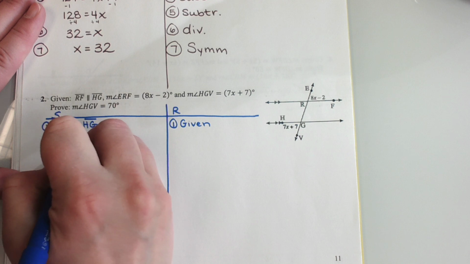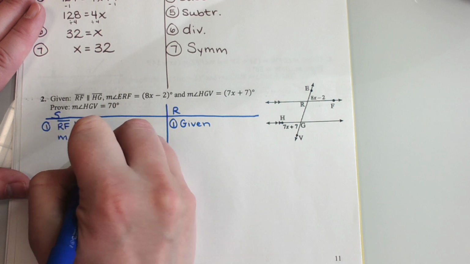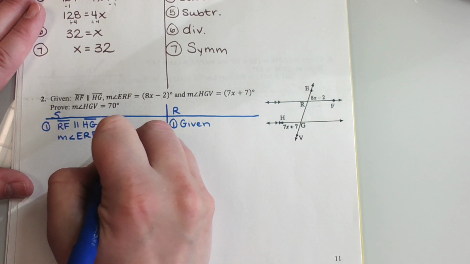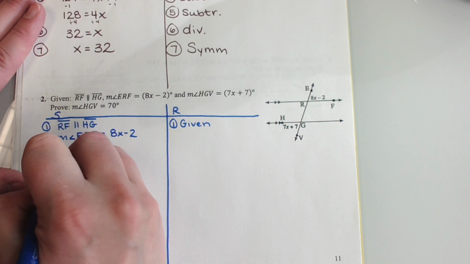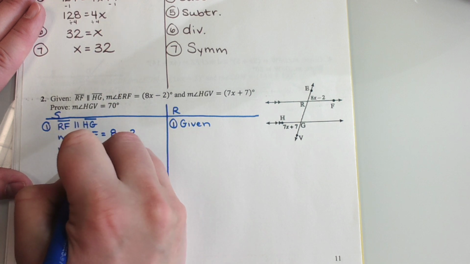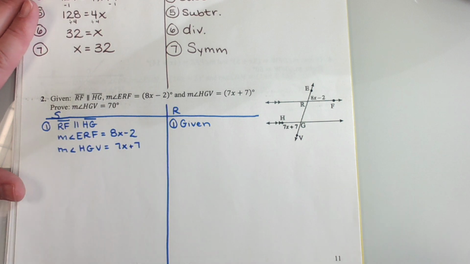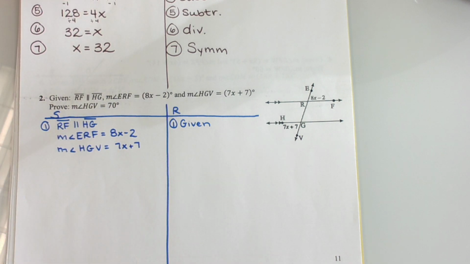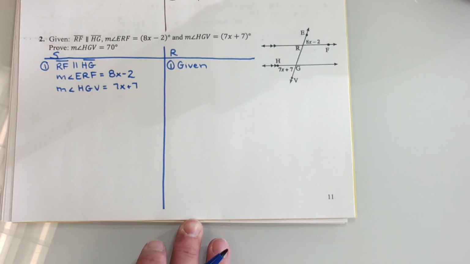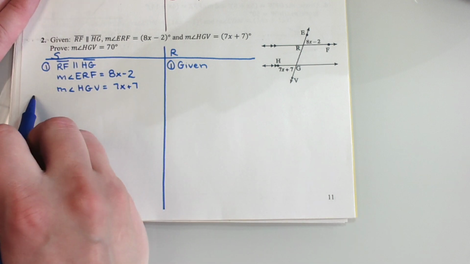Measure angle ERF equals 8x minus 2. Measure angle HGV equals 7x plus 7. Again, you should be numbering both sides of your proof. If you are a person who forgets to number both sides, then you should be doing this.